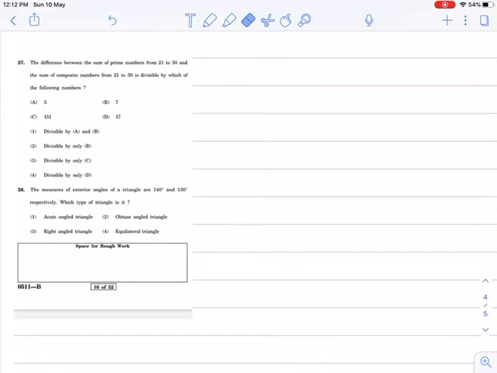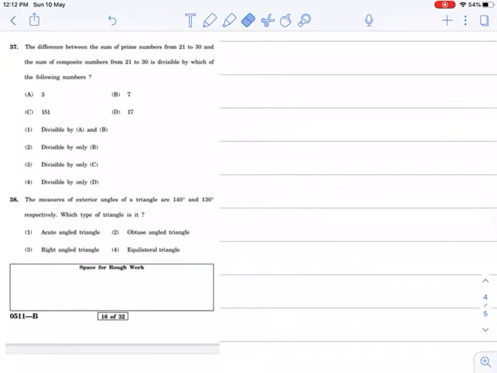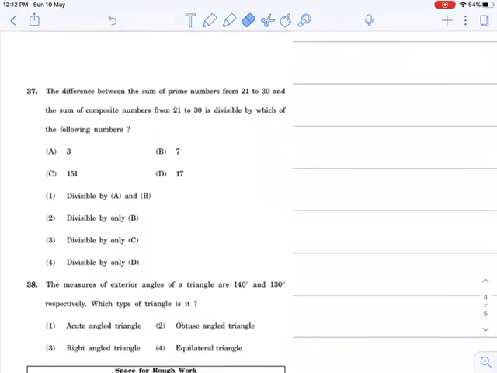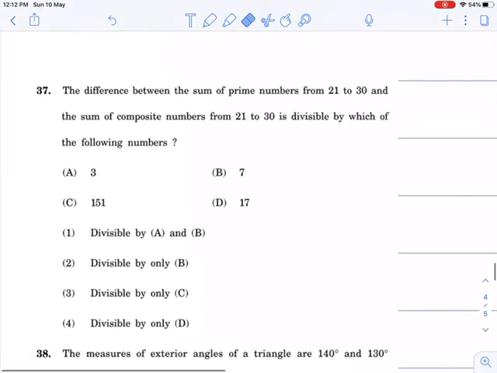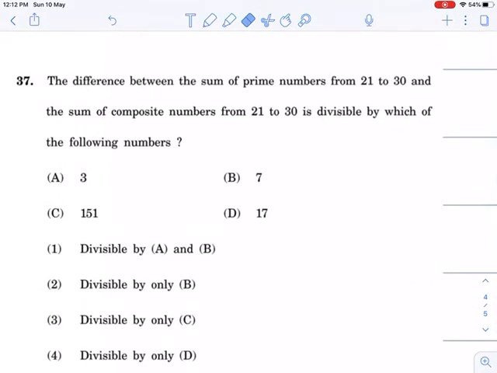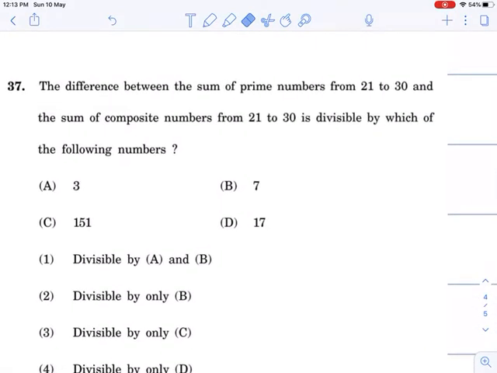Now I will read a question which was asked in the scholarship exam 2017. Here is the question. The difference between the sum of prime numbers from 21 to 30 and the sum of composite numbers from 21 to 30 is divisible by which of the following numbers?